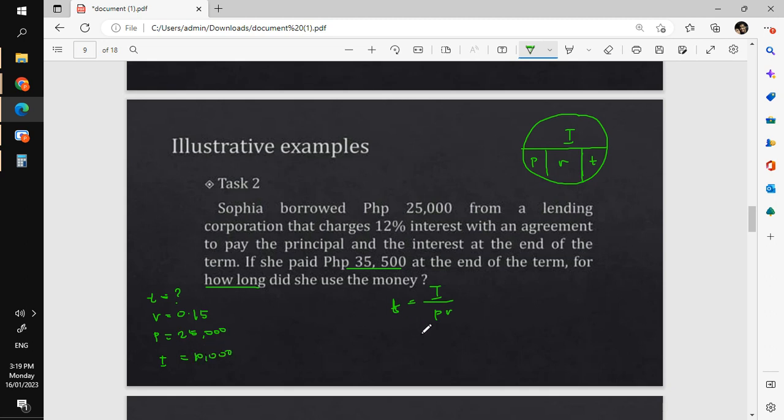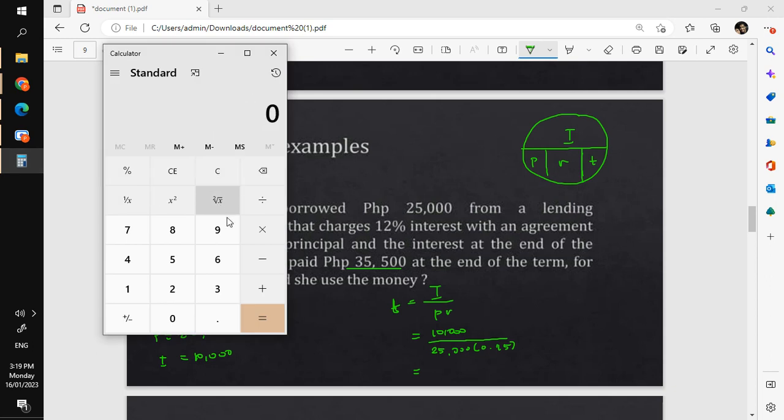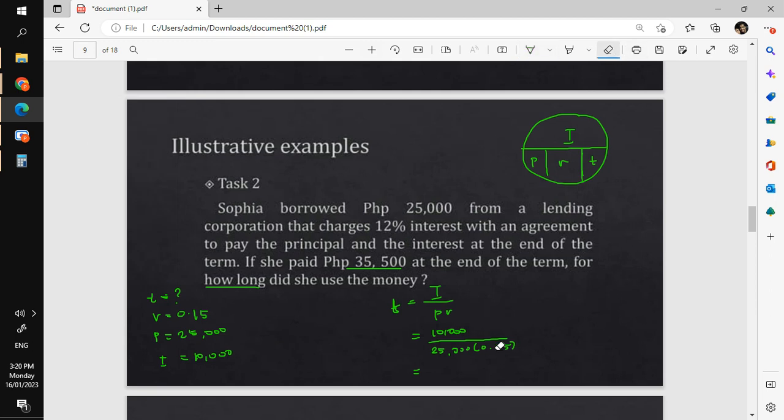Now it's complete. So let us substitute. We have 10,000 over the principal amount, 25,000, times the rate of interest, which is 0.12. So we'll be using our calculator again. You have 25,000 times 0.12. That's 3,000.